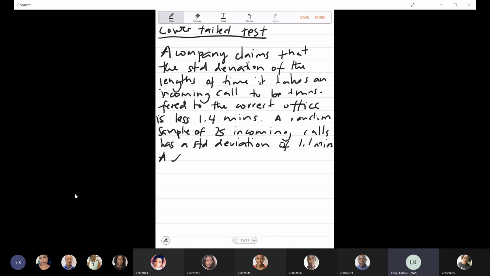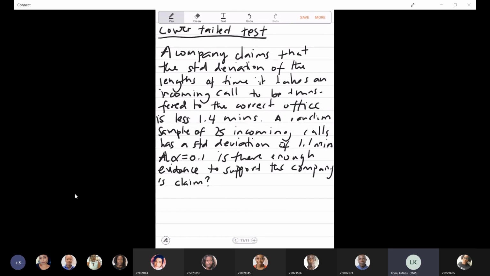Then we say at alpha equal to 0.1, is there enough evidence to support the company's claim? Okay, then we assume the population is normally distributed.